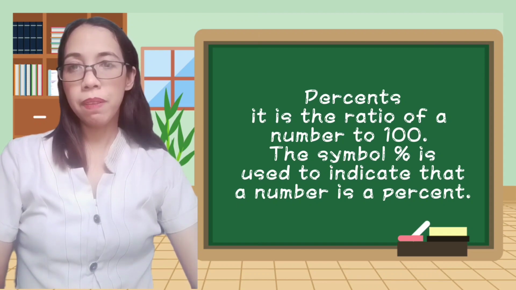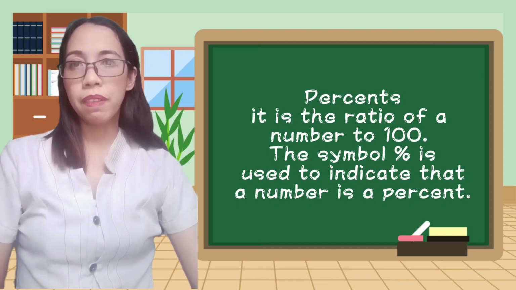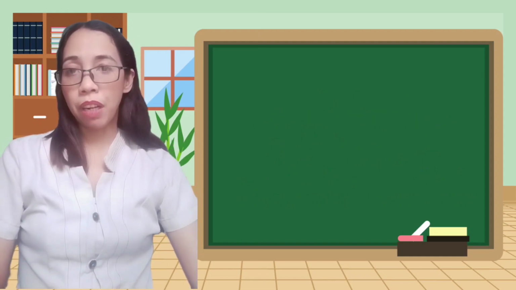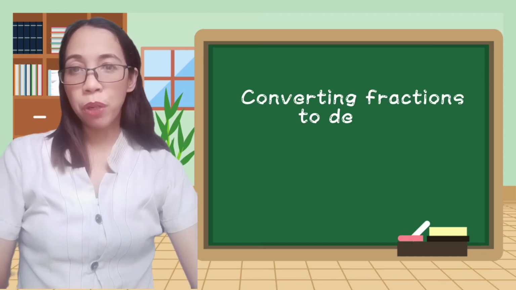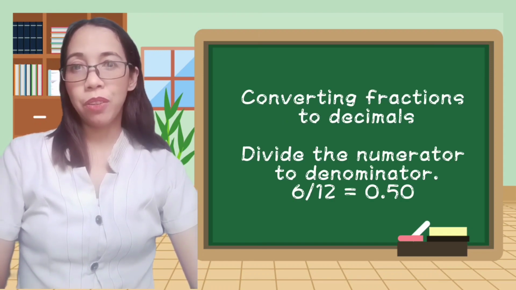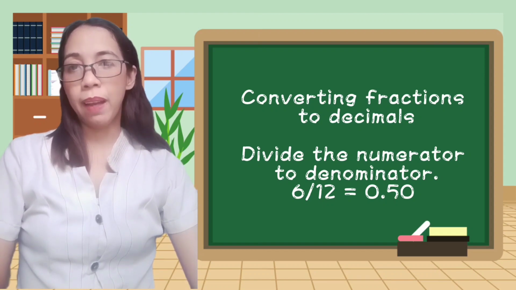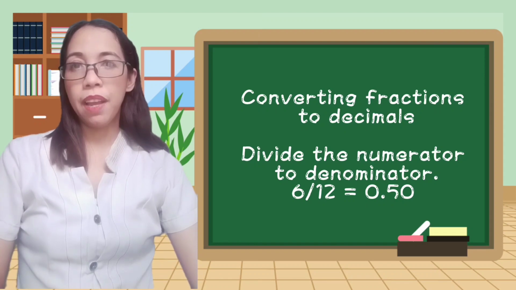The symbol percent is used to indicate that a number is a percent. What about converting fractions to decimal? In converting fractions to decimal, you just divide the numerator to its denominator. Example, 6 over 12 is equal to 0.50.